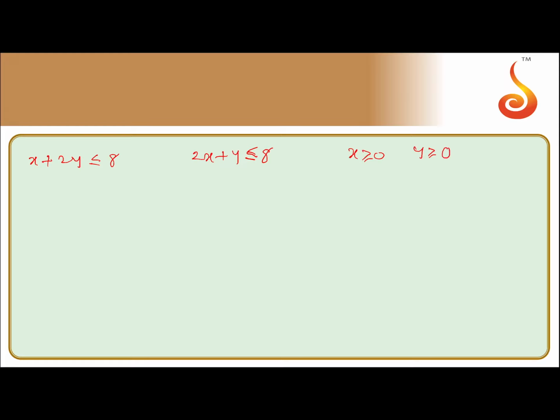And to solve this system, consider the equations x plus 2y equals 8 and 2x plus y equals 8, x equals 0 and y equals 0.